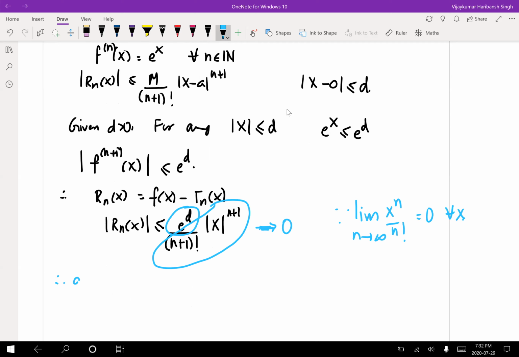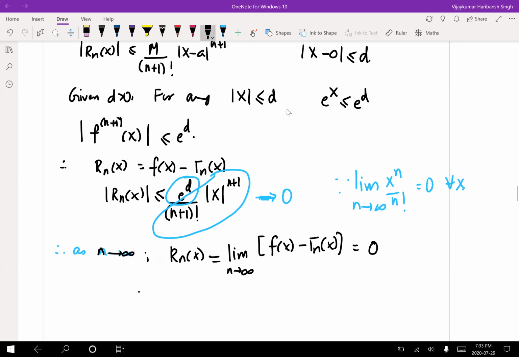So therefore we get, as n goes to infinity, Rn of x goes to the limit as n goes to infinity of f of x minus Tn of x, which is 0.